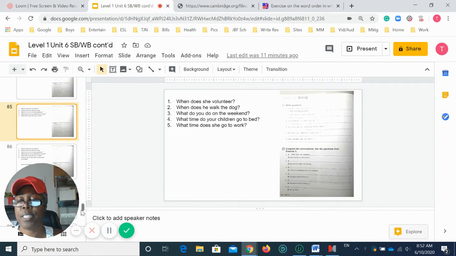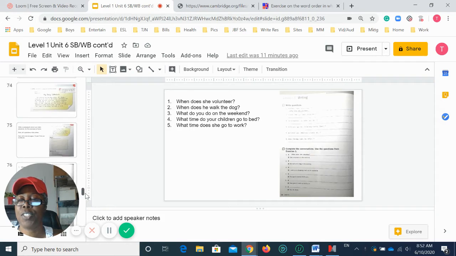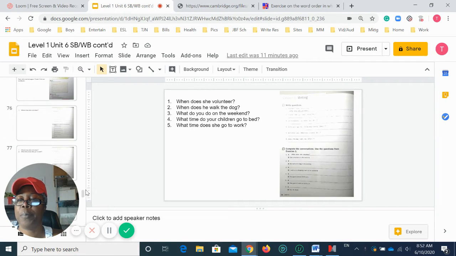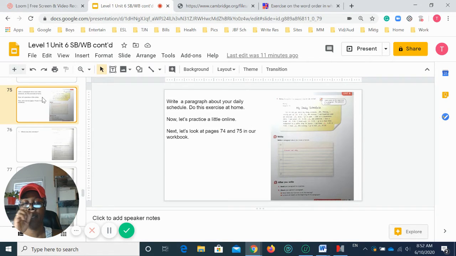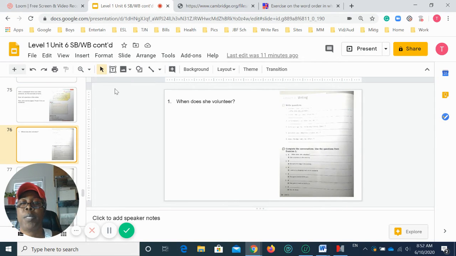Oh, I think I just changed page. Okay, here we go. So we actually just finished up our student book, page 79, and now we are going to go to pages 74 and 75 in our workbook.